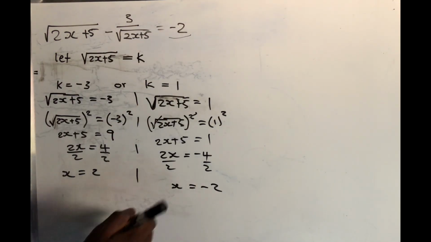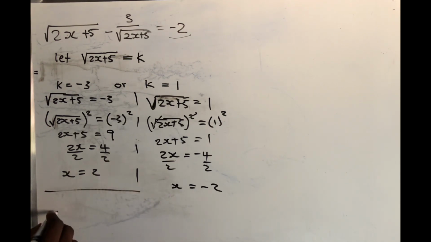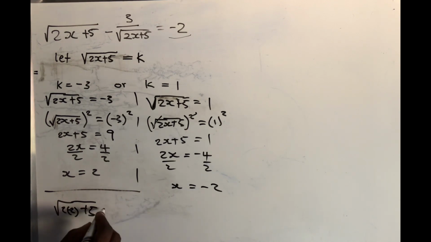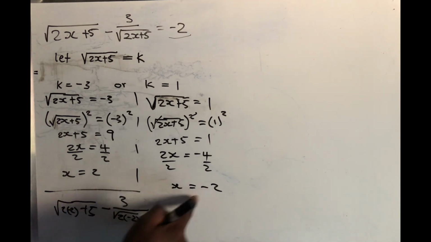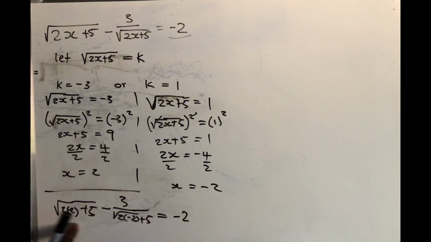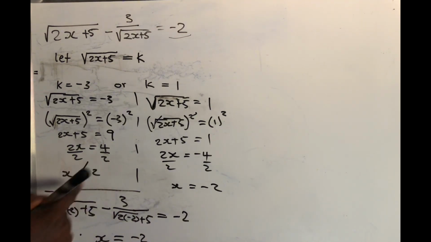But if you put negative 2 in, that is 2 times negative 2 plus 5, minus 3 over the square root of 2 times negative 2 plus 5, you get your answer to be negative 2 if you punch this on a calculator. But if you put positive 2, you get a positive 2. Therefore, your final answer is x equals negative 2, your valid answer. And this other one is not a valid answer in this case.